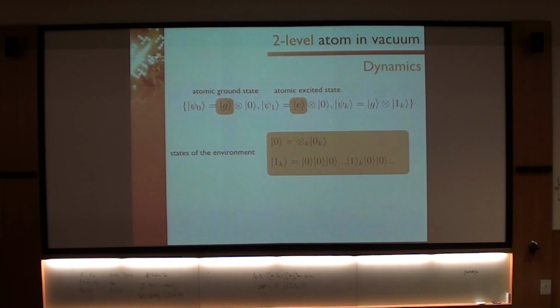So actually, in the end, all the dynamics happens in a Hilbert space, for the full system, which only contains these states. So ground state for the atom, 0 photons in the electromagnetic field. Excited state of the atom, 0 photons, and ground state of the atom, 1 photon in one of the modes of the electromagnetic field.